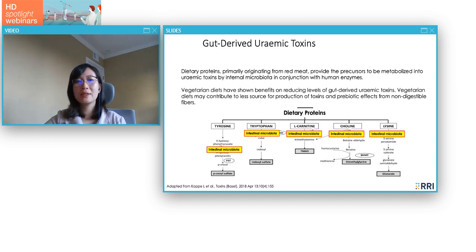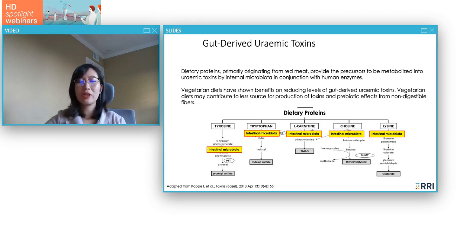These proteins were broken down into amino acids, such as you can see in the figure, tryptophan, lysine, etc. They served as the precursors to be further metabolized by both human enzymes and microbiota. Eventually, they are turned into uremic toxins in the gut.